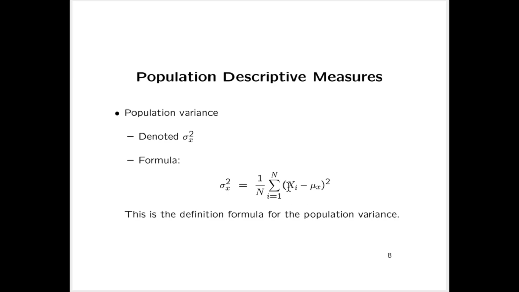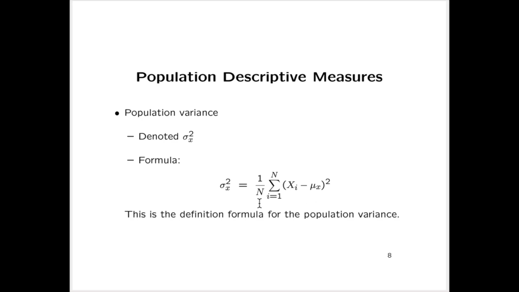Each one of these quantities inside the parentheses represents a deviation between each x sub i and the overall population mean. Then we square those deviations, and that squaring makes all of these values non-negative, either 0 or positive. So we're summing up squared deviations of each observation from the mean.